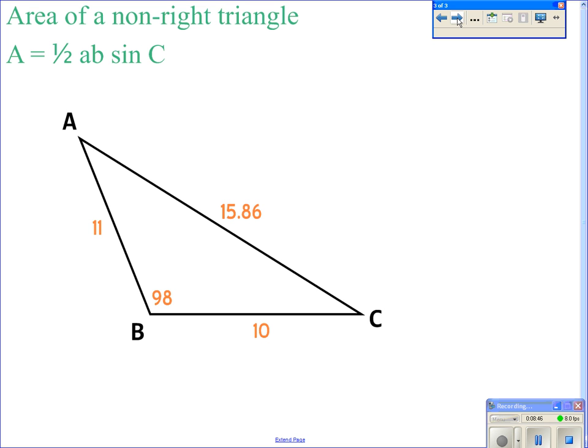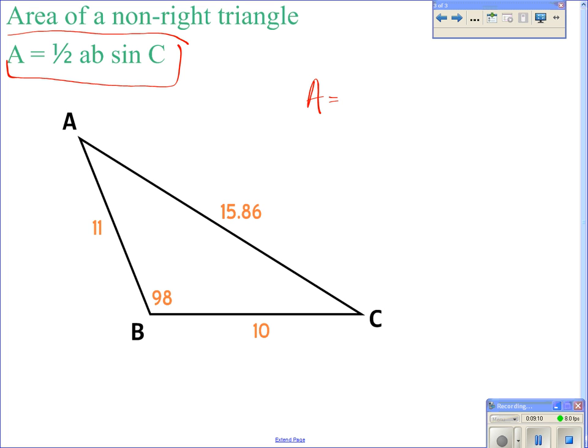It does not link to the A, B, and C on this picture. So we're going to change it so that it does. So this is the formula that you'll get on the test. We're going to make it match what we have here.